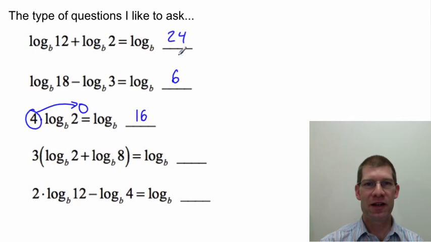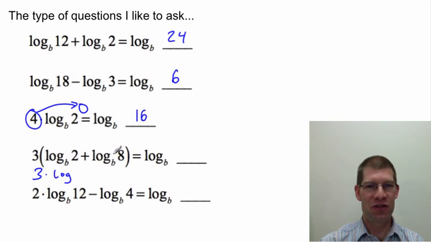I just graded the test on this chapter yesterday, and this one here I probably had about a third of the people get wrong something like this, and it's an order issue more than anything else. In this case, it's at least like one of these last two, I should say. In this case here, because we have the parentheses, we need to combine the 2 and the 8 first. So this problem becomes 3 times the log of.